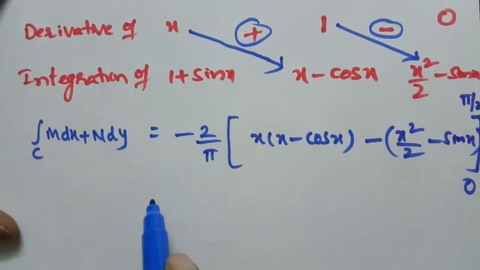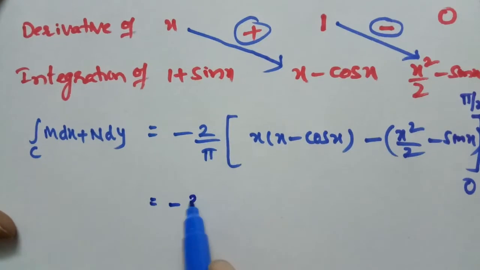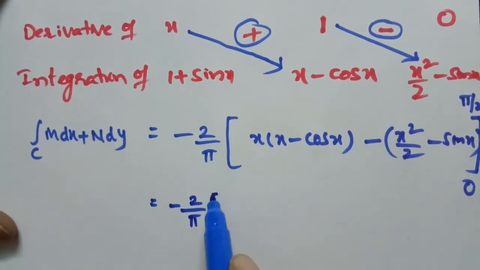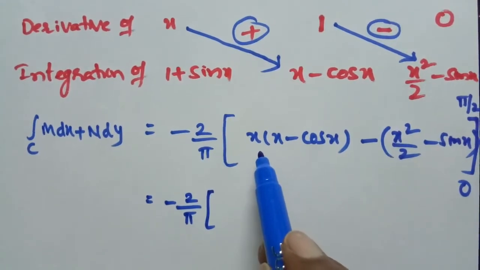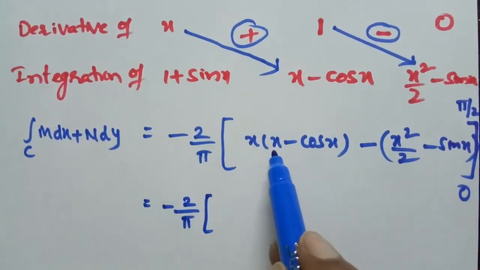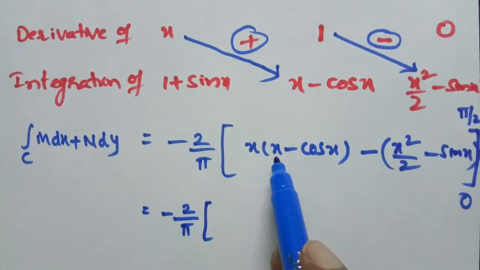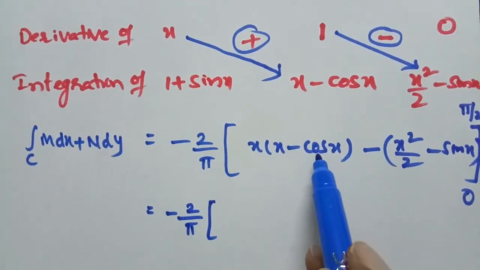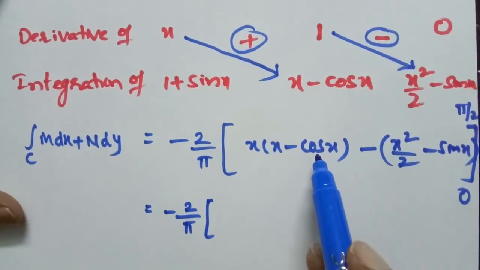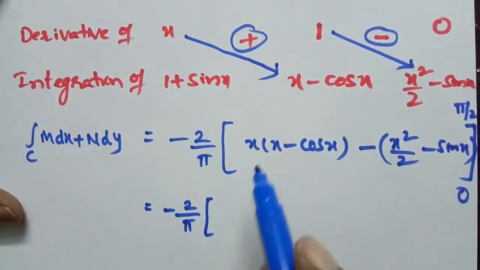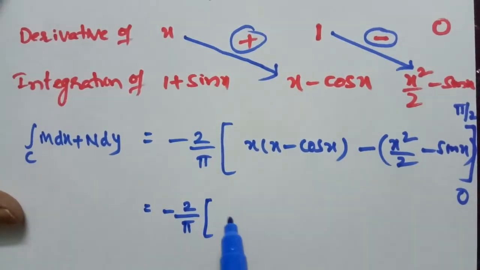Now substituting upper limit minus lower limit: minus 2 by pi, upper limit pi by 2 into pi by 2 minus cos pi by 2. Cos pi by 2 is 0, so pi by 2 into pi by 2 is pi square by 4.